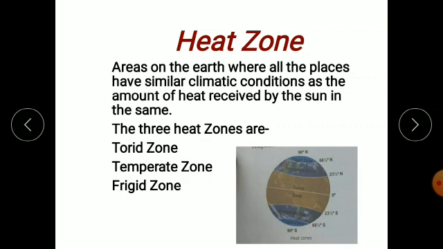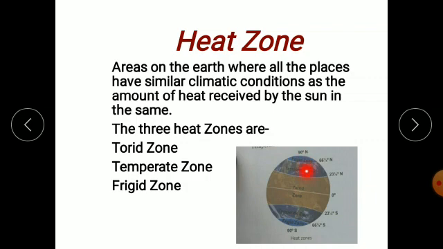Now next one is temperate zone. Temperate means moderate, neither very hot nor very cold. The areas on the earth lying between the Tropic of Cancer and the Arctic Circle in the northern hemisphere and the Tropic of Capricorn and the Antarctic Circle in the southern hemisphere are the two temperate zones.